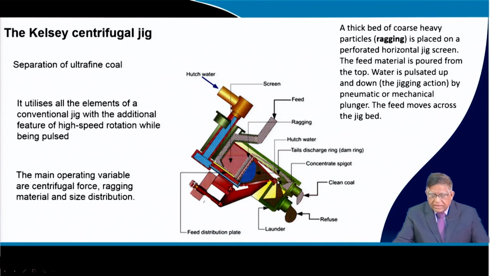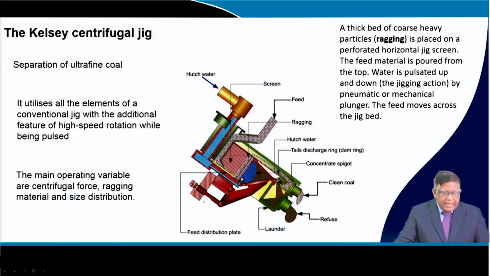The dirt, that is the high density material, which gets separated out through this jigging process, goes out over here. Depending on this control, you can control the feed distribution plates if the sizes are different.